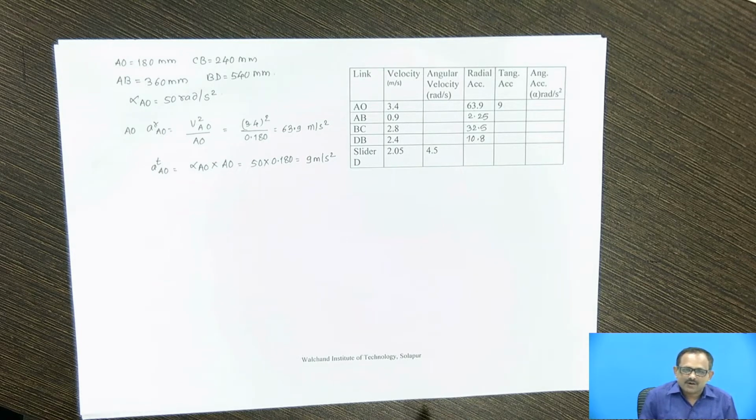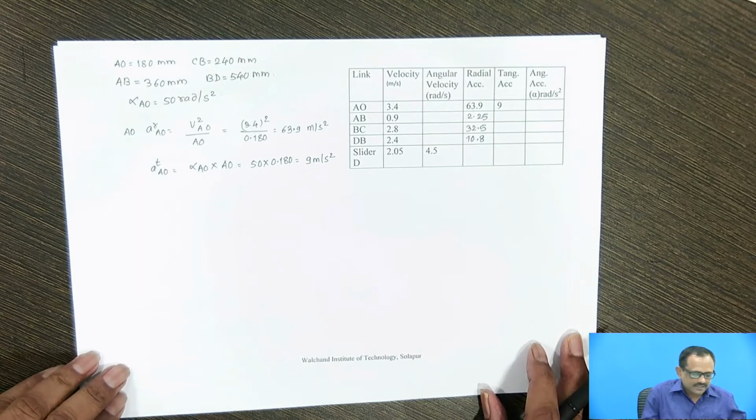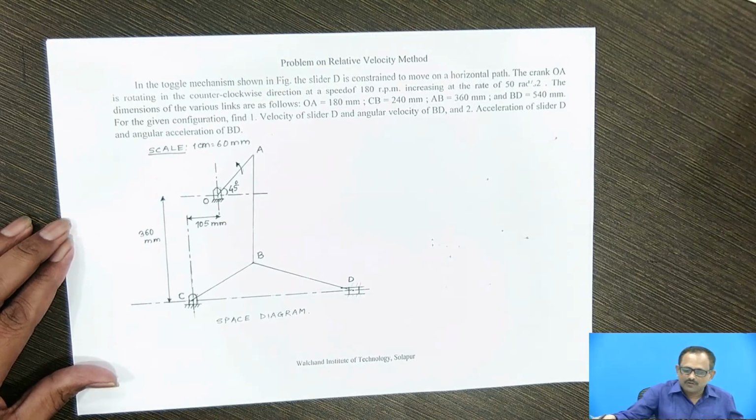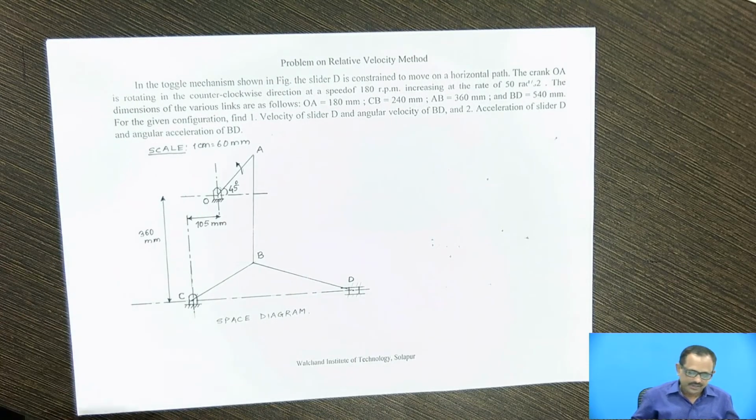Radial acceleration always acts parallel to the link towards the center. Tangential acceleration always acts perpendicular to its radial acceleration, or perpendicular to the link. With this we will start to draw the acceleration diagram for the given problem.